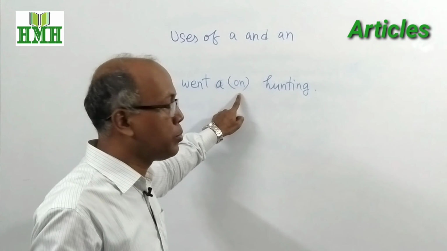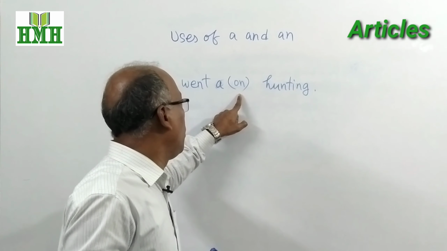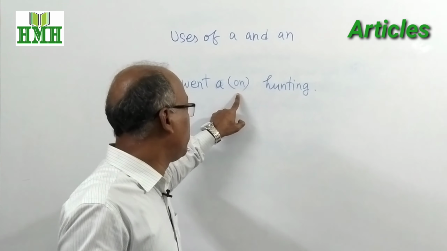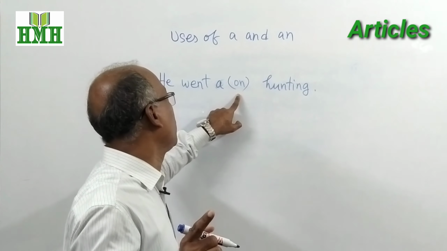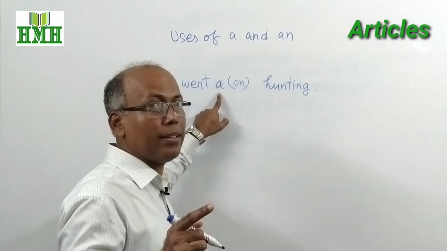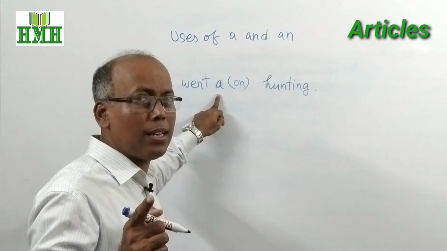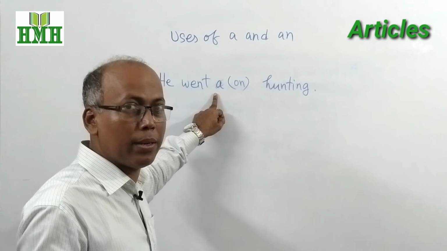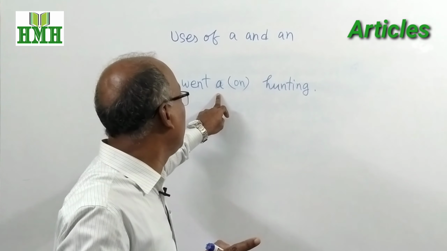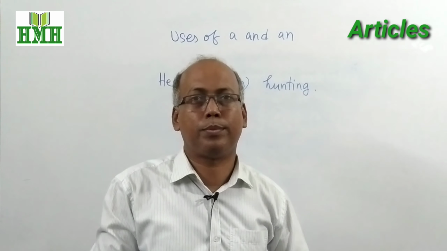Here on is a preposition, but we shall not write on. We shall write a in lieu of on. So here a is a disguised preposition. A is an article, but here it is used as a disguised preposition.